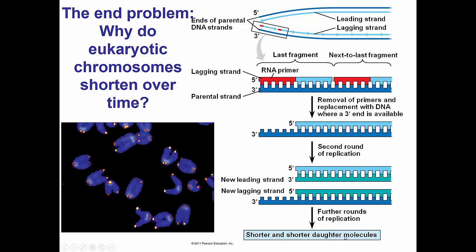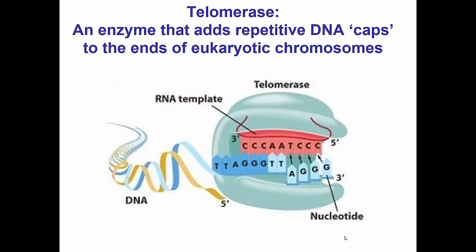So there has to be a mechanism to deal with this in eukaryotes, because otherwise the chromosomes would eventually get shorter and shorter, and you would start losing really important pieces of DNA. So the mechanism that takes care of this is called telomerase. So telomerase is an enzyme that adds repetitive DNA caps at the ends of eukaryotic chromosomes.